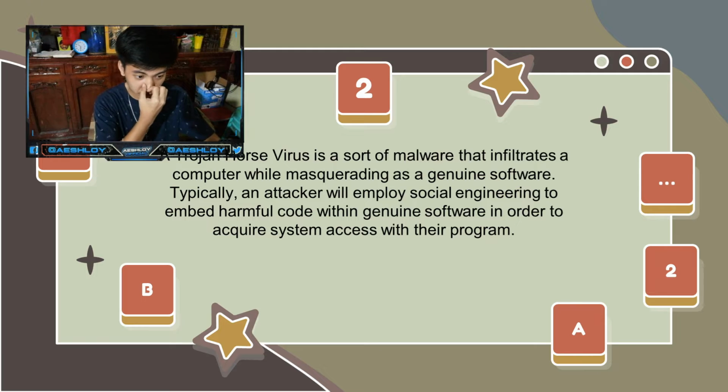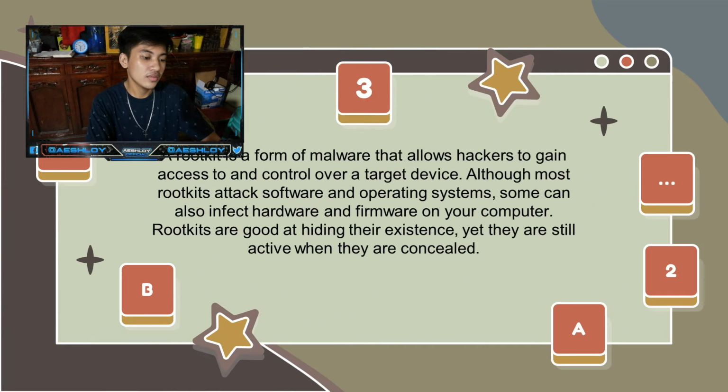Then we have the Trojan horse virus. It's a sort of malware that infiltrates a computer while masquerading as genuine software. Typically, an attacker will employ social engineering to embed harmful code with genuine software in order to acquire system access with their program. And the last one, we have the rootkit.